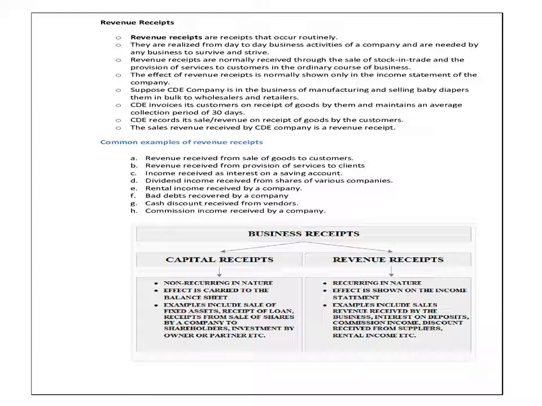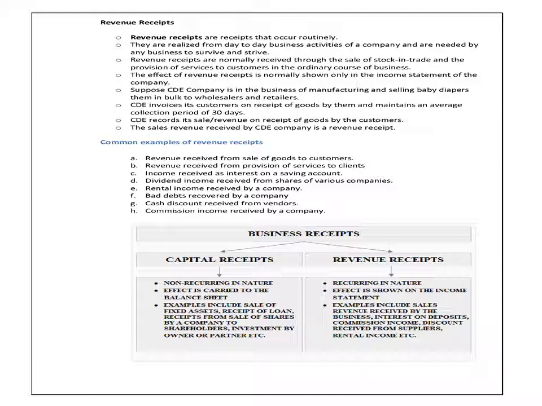Income received as interest on a savings account. Everyone will have a savings account, right? Month on month we will be getting interest on that savings account, so that amount is also a revenue receipt. That interest portion of 100 or whatever it is, is your revenue receipt.